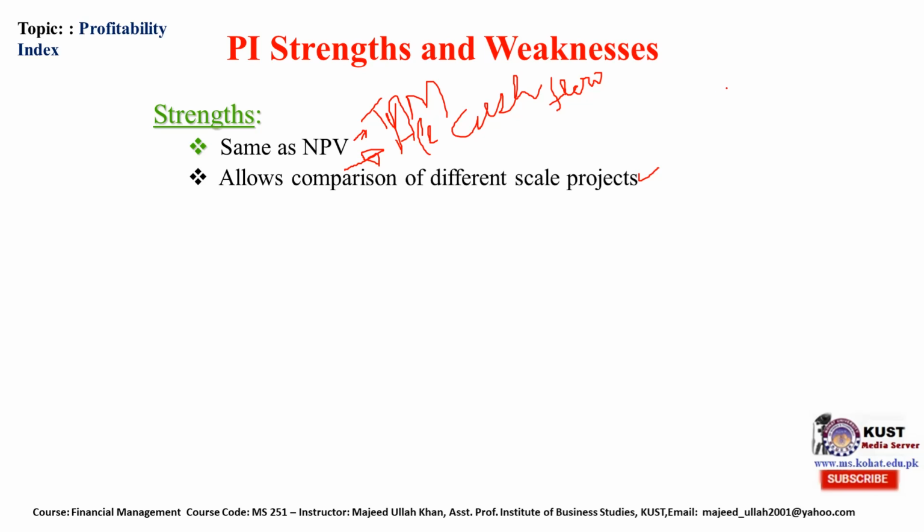If we have multiple projects, let's suppose we have 3 projects X, Y, Z, and they do not have the same lifetime or the same cash flows, meaning these are different by scale, by time life, by cash flow, we can compare them with the help of the profitability index, and we can even prioritize these projects through it.